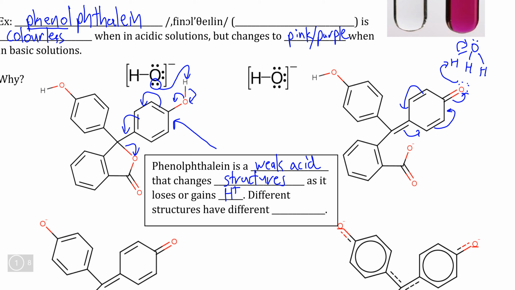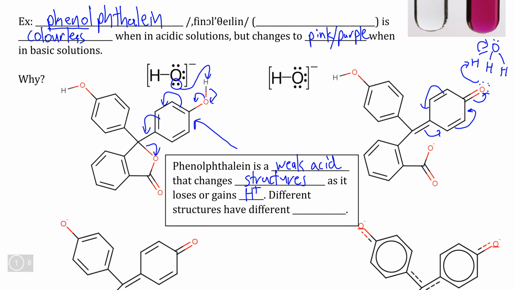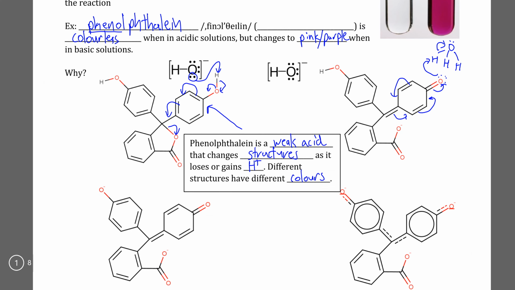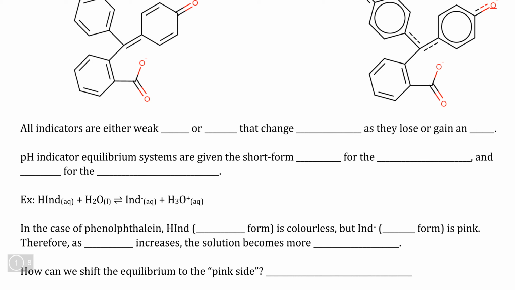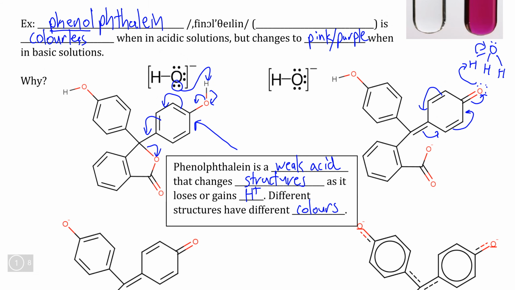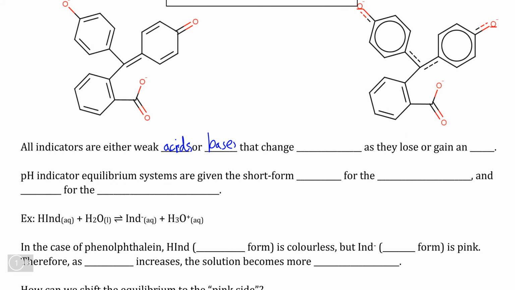So the point is that all indicators have reversible acid-base ionization reactions, but because of the radical change that occurs within the structure, each of the different structures formed actually appears as a different color to our eyes. Now, as mentioned, and as we see from the mechanism of ionization of phenolphthalein, all indicators function as either weak acids, as phenolphthalein does, or weak bases, because if phenolphthalein were to take back its hydrogen and go back to its original structure, it would be functioning as a base.